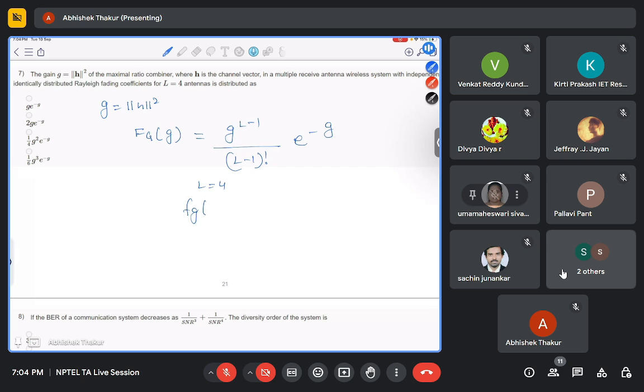So the value f(G) is equal to G to the power of 3 divided by 3 factorial e to the power of minus G. So this will become 1 by 6 G cube e to the power of minus G. So the correct answer is option D.